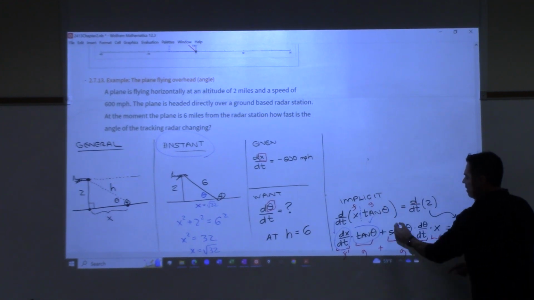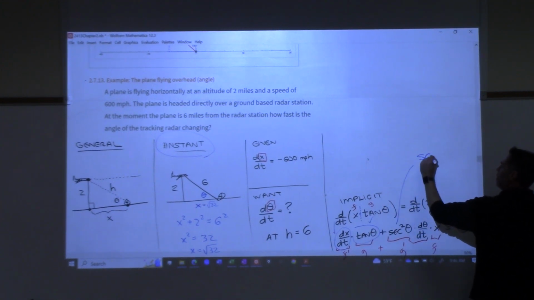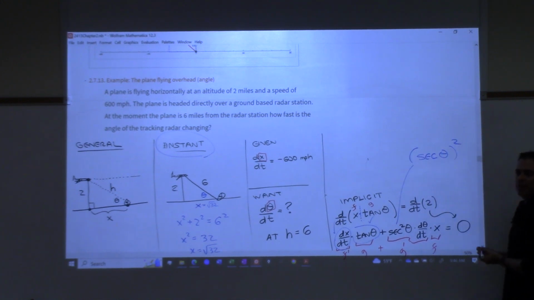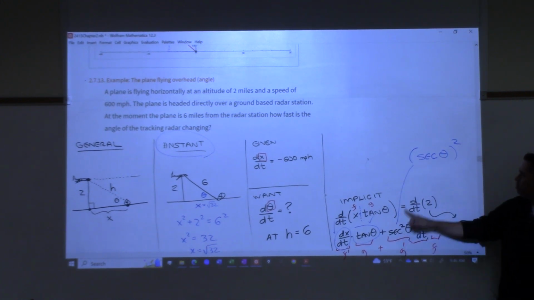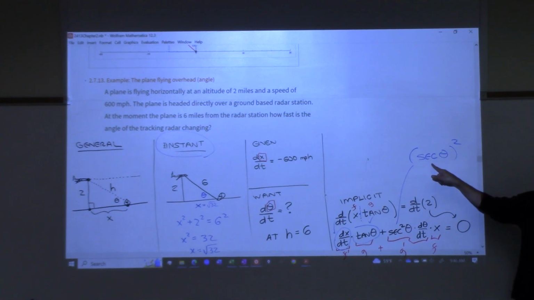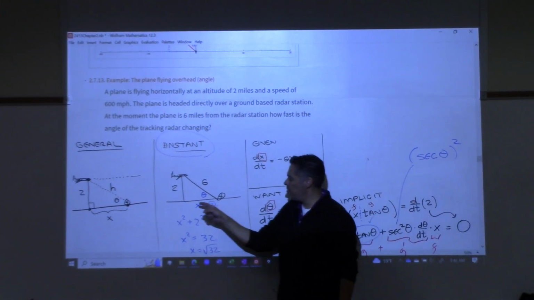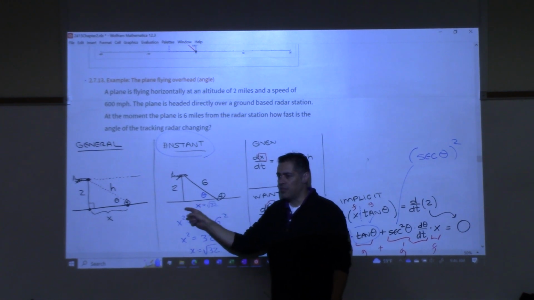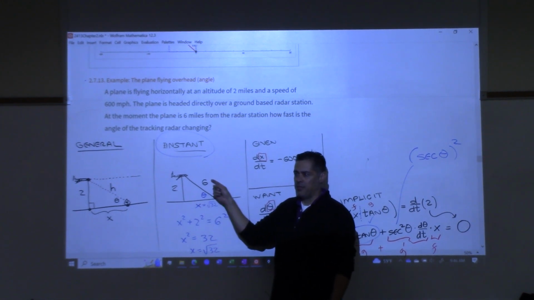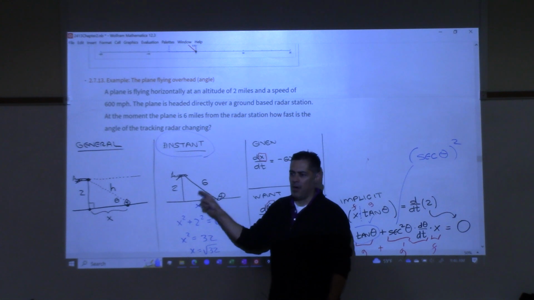Okay, secant squared theta. Remember, that means secant theta squared. Do you know what secant theta is? Well, secant's the reciprocal of what? Cosine. Do you know what cosine is? Adjacent over hypotenuse. So secant would be hypotenuse over adjacent.